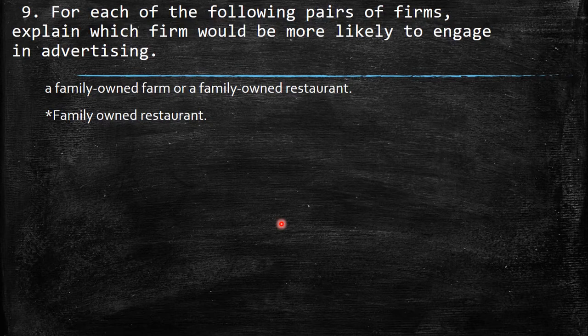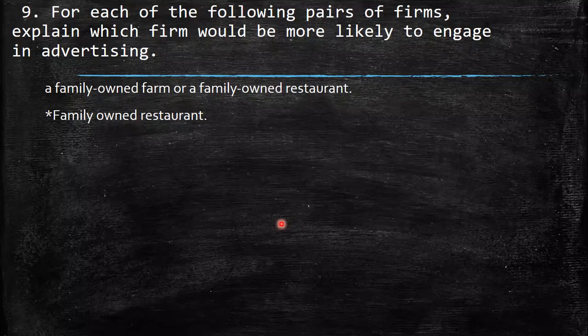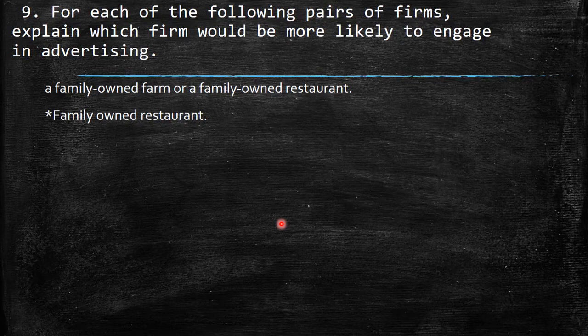Advertising is more common when you have differentiated products, because you want to show the features you are presenting to the market, unlike commodities, raw materials, or industrial goods, where everybody knows the real characteristics and you don't need to advertise at all. So it should be the family owned restaurant.